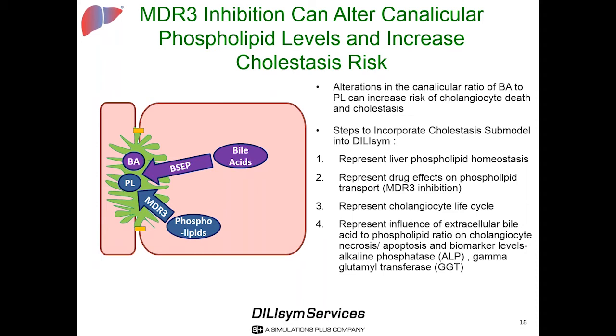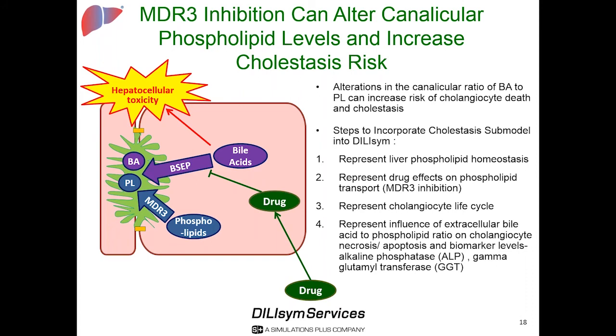And so we represented phospholipid homeostasis. That was a new component. Represented the drug effects on MDR3, added the cholangiocyte life cycle. That cell type was not there previously. And we also represented the bile acid effect and the influence of MDR3 on the ratio of phospholipids to bile acids and how that could lead to cell death.